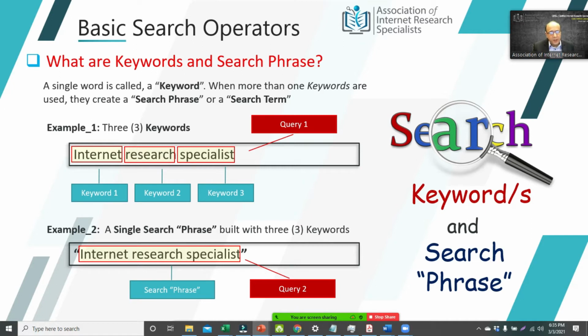So you can select, like I have "internet research specialist" here. If I want the word "specialist" to be a separate search from "internet research" combined together, then we are dealing with two keywords or two sets of search terms, and in between we can create a restrictor, which could be a Boolean or advanced search operator.